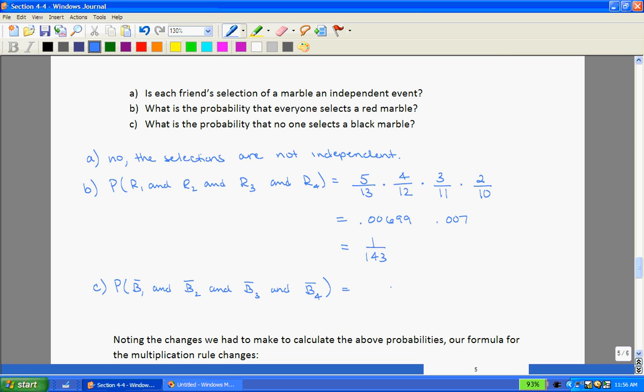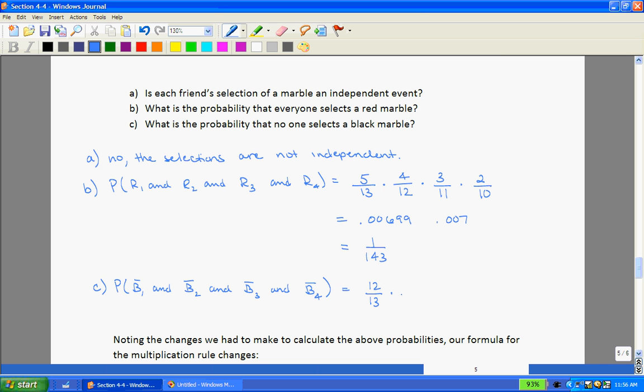Okay, so we learned from the previous example that there are 13 marbles total, and 12 of them are not black because they are green, red, or blue. Now, whatever marble that person picks, we don't care what color it is as long as it's not black.